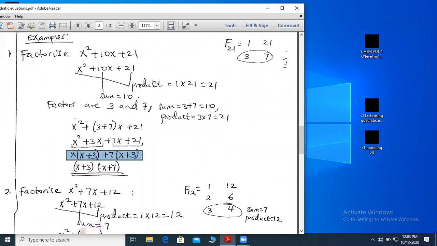Example 2, we have x squared plus 7x plus 12. Now, a is 1.